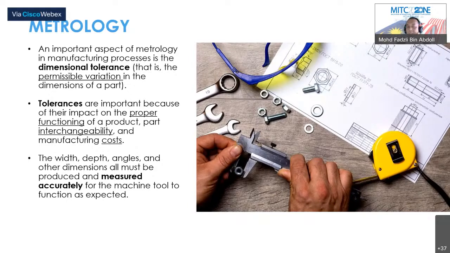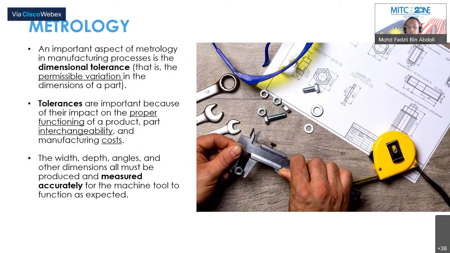That is the important tolerance. Okay. Saya cakap tadi, the tolerances are important because of their impact on the proper functioning of the product, part interchangeability and manufacturing cost. Maksudnya kalau tak ada tolerance, mungkin kalau kita masukkan, ada satu benda tu dia akan ketat lah. Ketat maksudnya nanti susah nak keluar. Susah kita nak tukar-tukar. Okay.